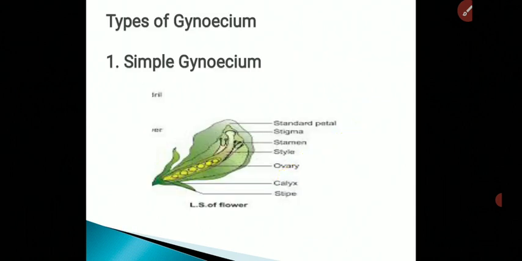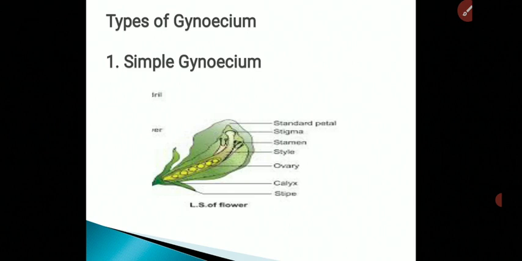Now let's see the different types of gynoecium. A gynoecium consists of carpels. The number of carpels in a gynoecium varies in different flowers and ranges from one to many. First is the simple gynoecium. It consists of only one carpel.